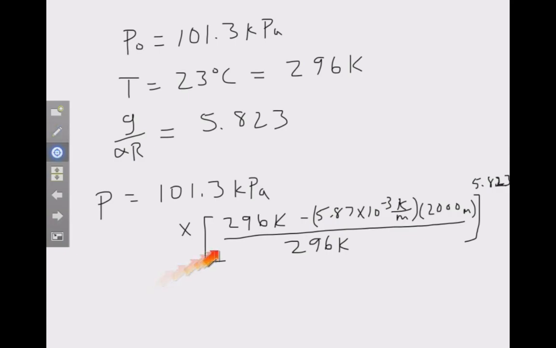We've got to calculate all this out, but you can see these are all in Kelvin. This meter is going to cancel this meter, so this is Kelvin minus Kelvin over Kelvin. So this whole thing is dimensionless, and it's taken to a power which is also dimensionless. So our final answer comes out in kilopascals, and if we do the math, we end up getting 80.0.